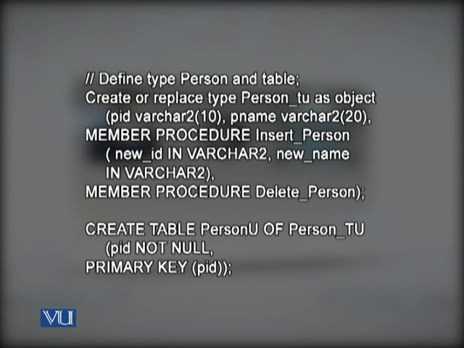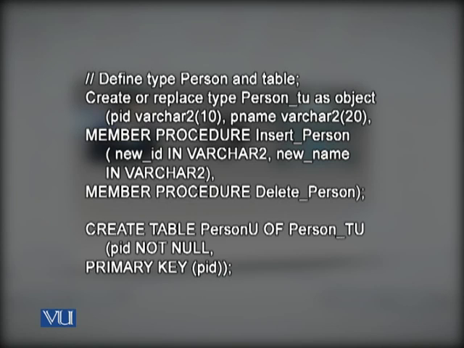Next, we create a table against this type, and you can see the statement on your screen: create table person U. Again the same convention: person is for the table person, and U reflects the fact that we are implementing the union inheritance.